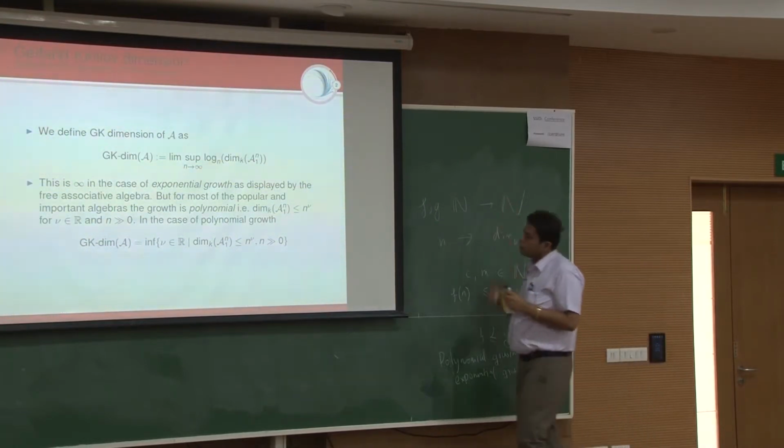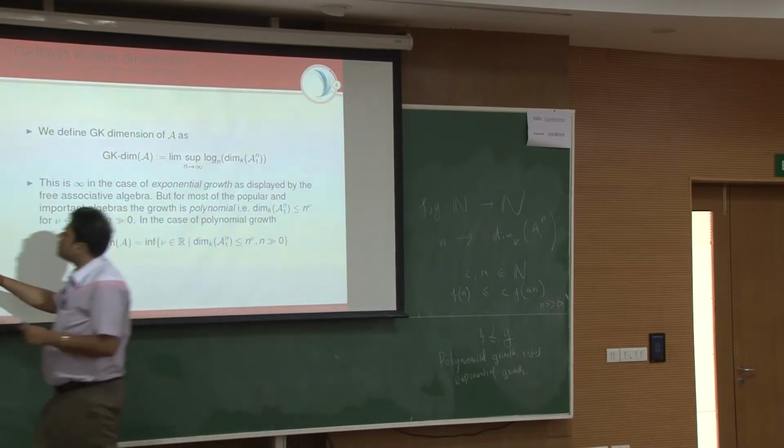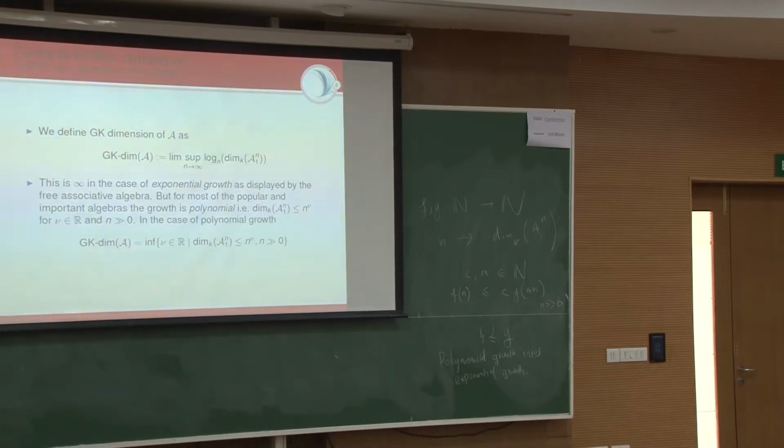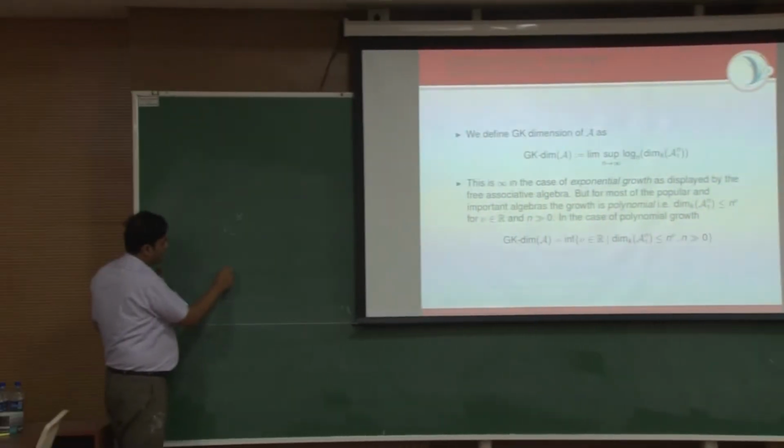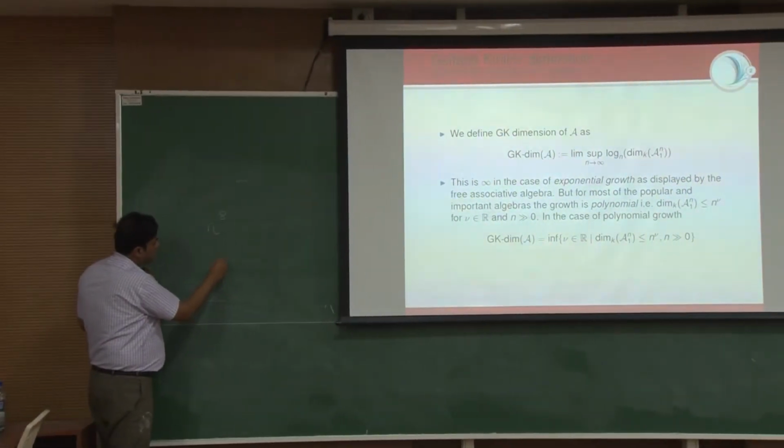So polynomial growth, as you would expect, is just n to the s, where s is some real number, and exponential growth rate is 2 to the n.